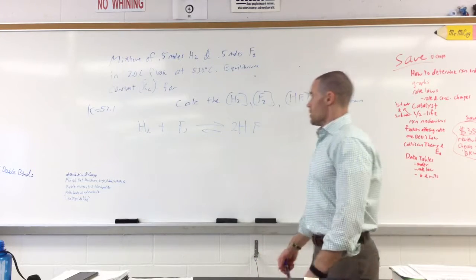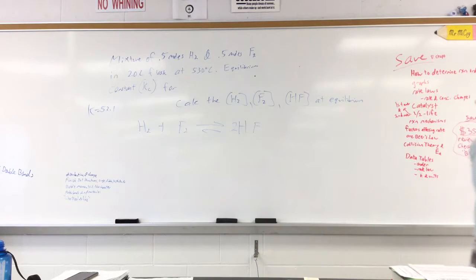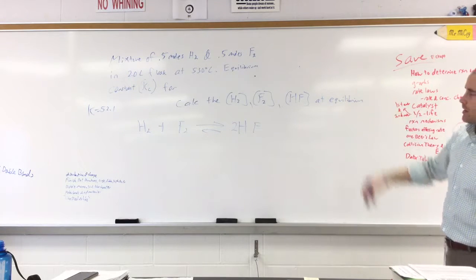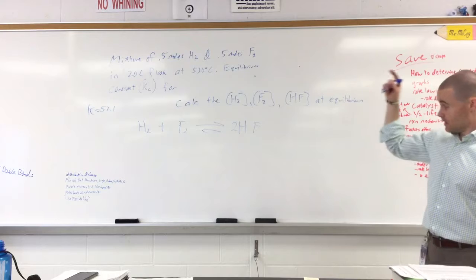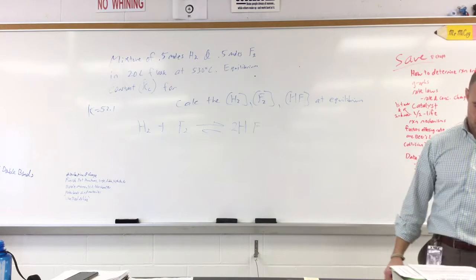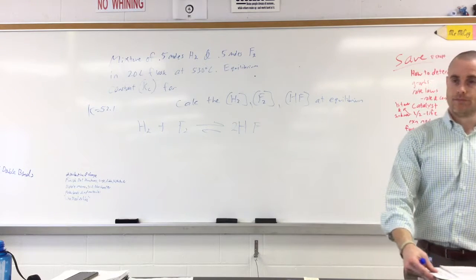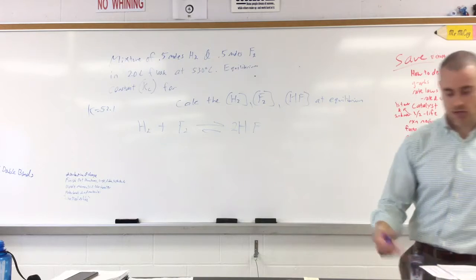They give us initially what's going on: 0.5 moles of H2, 0.5 moles of F2 in a 2-liter flask. That's initially, then it reacts and reaches equilibrium, but we don't know anything about that except the constant. Do they give us any HF, any product at all? No.